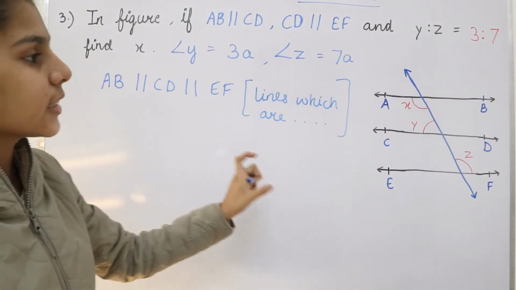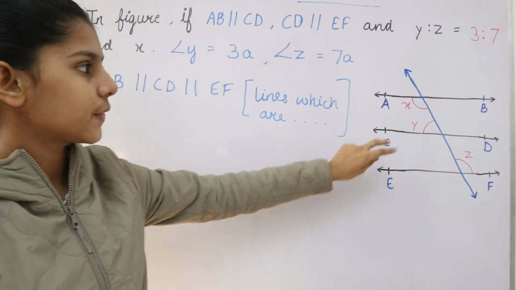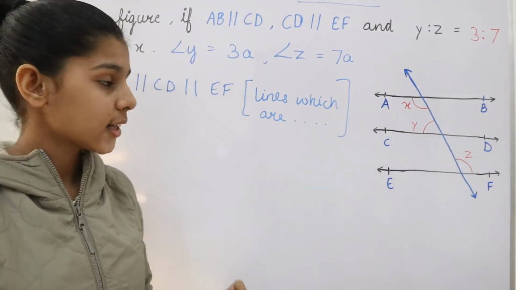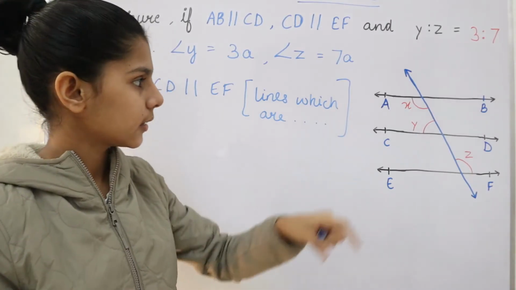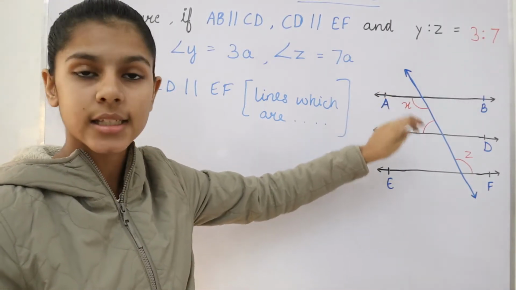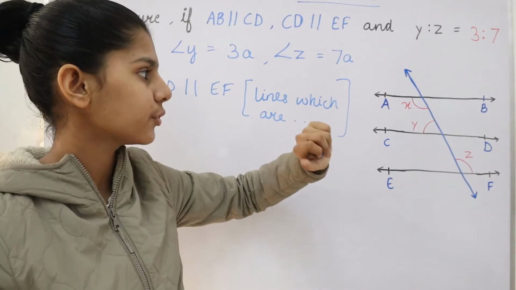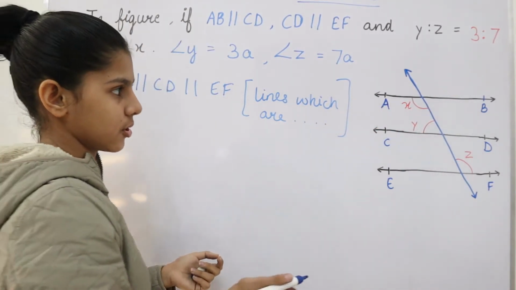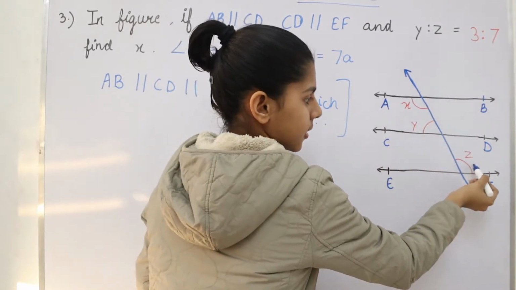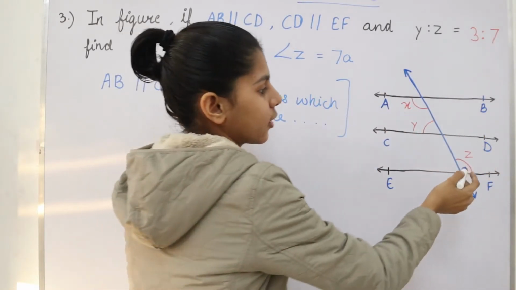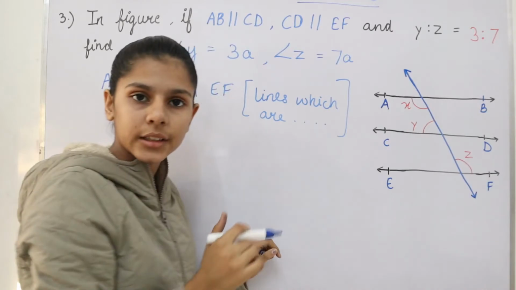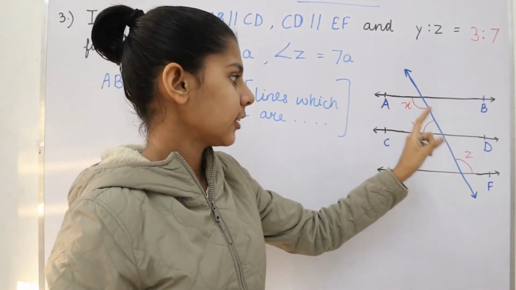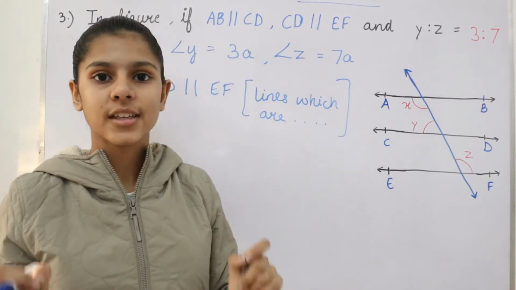Fine. Now you can observe that angle X and angle Z are alternate interior angles. Interior means they are inside the parallel lines, and alternate means on the opposite sides. They are alternate to each other. So angle X is the alternate interior angle of angle Z. As we have discussed in the rule, alternate interior angles are always equal.